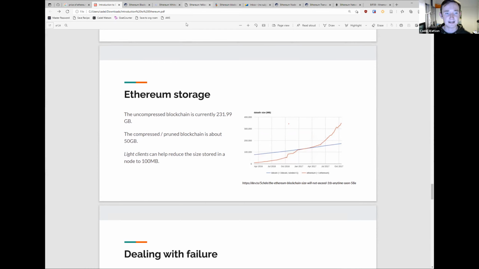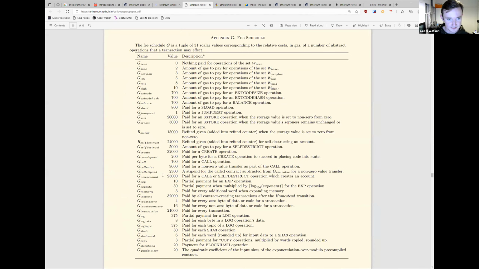So if we look back at the yellow paper, we can see that something like SSET here, which is storage set, adding data to the network, costs 20,000 gas, as opposed to say 2 gas to add 2 numbers together. So it becomes quite expensive in real world money to actually store a bunch of data on the network.